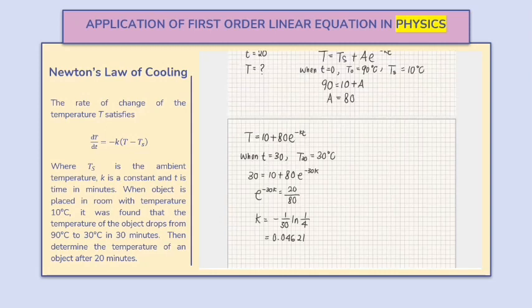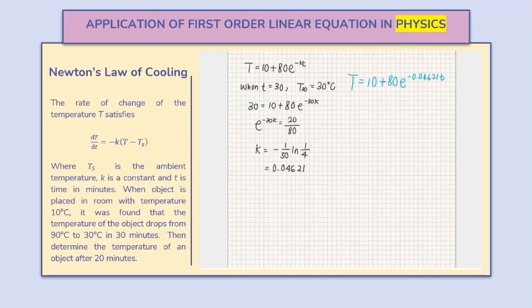After we find the values of k and A, we will substitute all these values into the equation. That is T equals Ts plus A e to the power of negative kt, that is T equals 10 plus 80 e to the power of negative 0.04621 t.